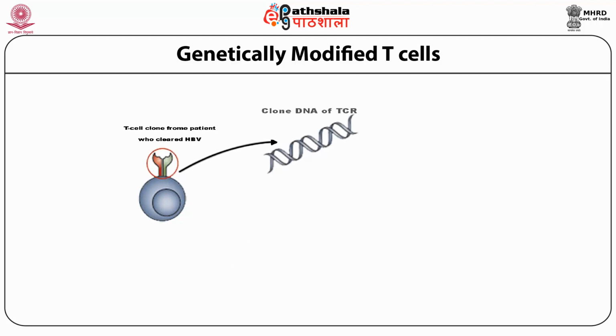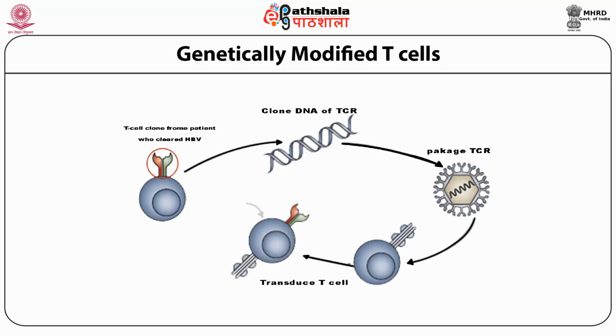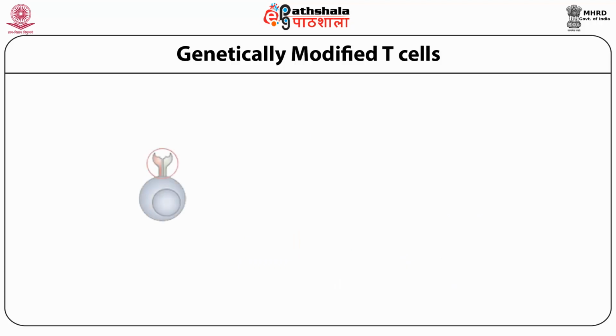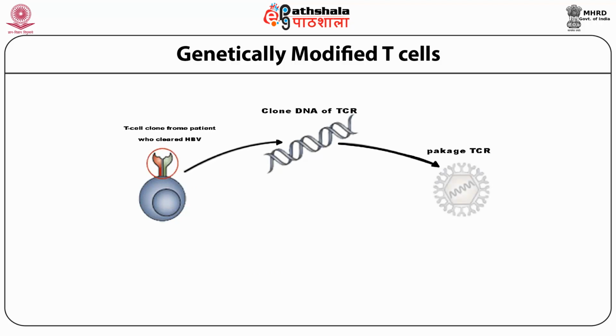These T cells with the transduced T cell receptor can be infused into the patient. They will be specific to the hepatitis B virus T cell receptor, and can work much better than the activated T cells present in the tumor mass or the cancer of the liver.